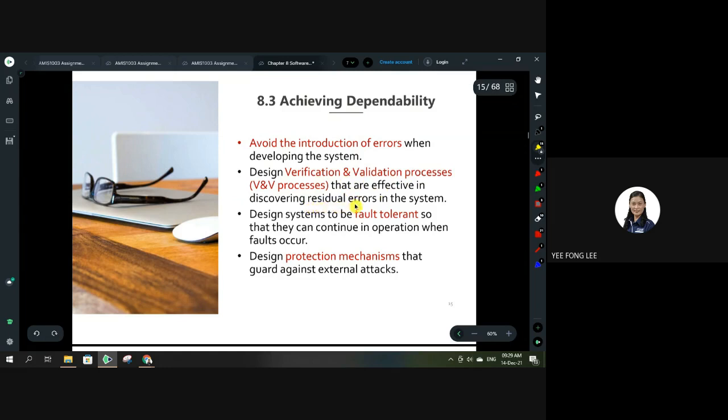What does residual error mean? These are the types of errors that are present after all attempts to avoid introducing errors have been made. So after all attempts, there are still errors remaining in the system. This is followed by fault tolerance and protection mechanisms.